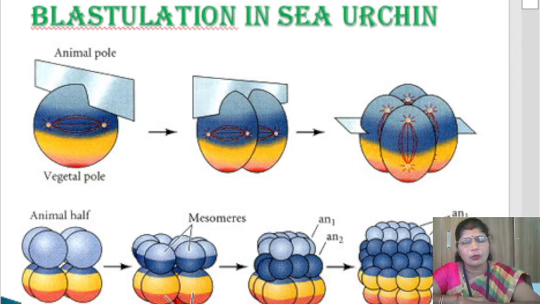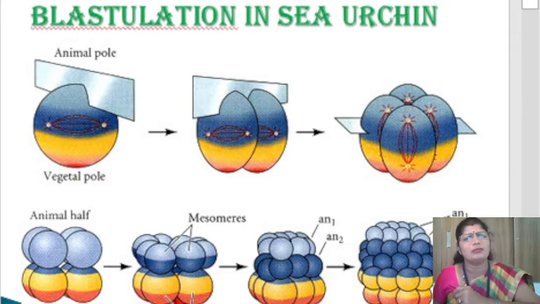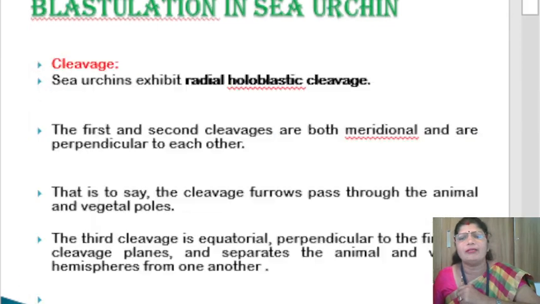Where there is a more amount of yolk, there will be an incomplete cleavage, and where there is a less, otherwise a moderate amount of yolk, there will be a complete cleavage. So it is called holoblastic. Even in sea urchin the cleavage is holoblastic. Holoblastic means the egg will divide completely into two. But here in sea urchin, it is a radial cleavage. So it is a radial holoblastic cleavage.